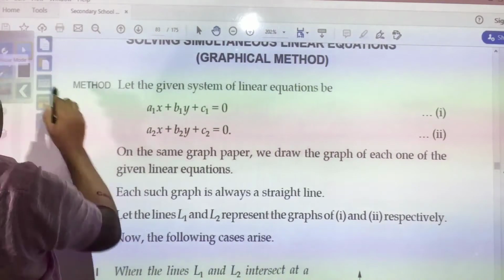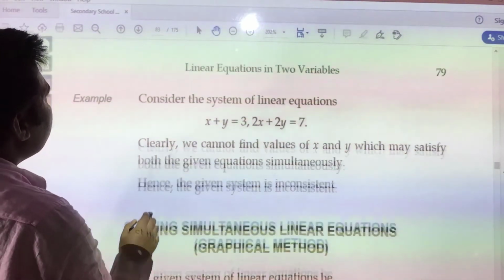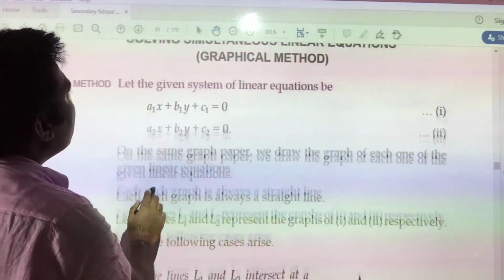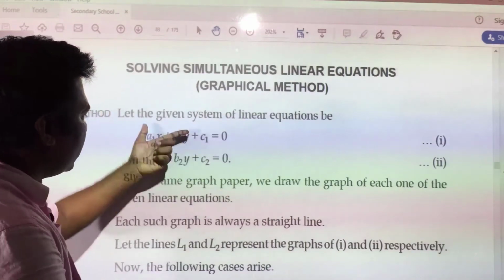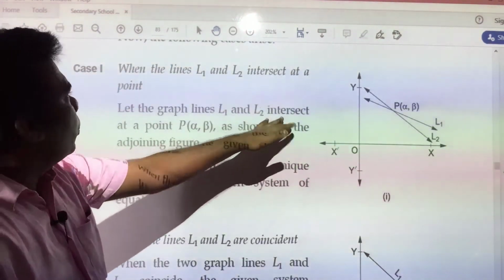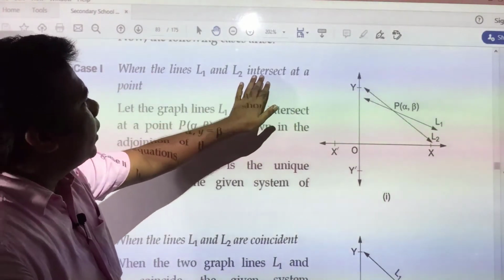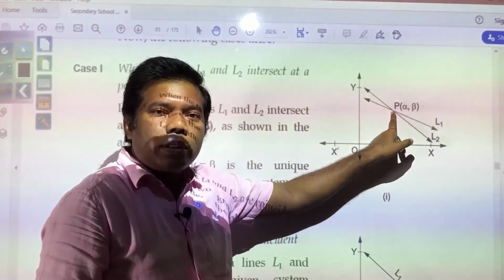Last day we had already seen solving simultaneous linear equations by the graphical method. Case 1: when the lines L1 and L2 intersect at a point, you have a unique solution.